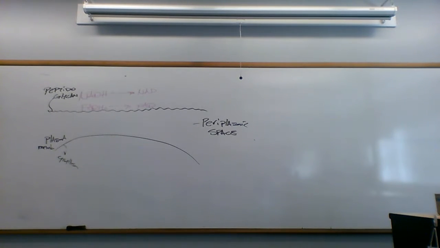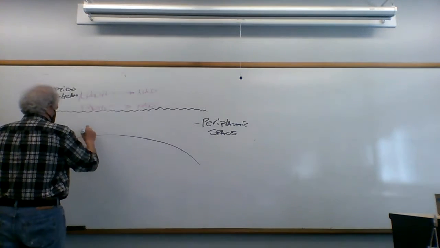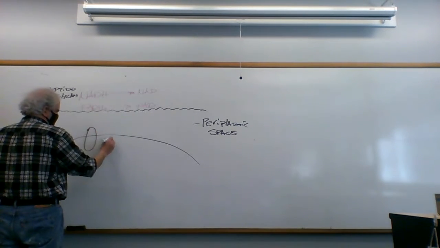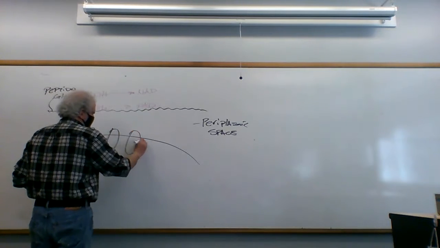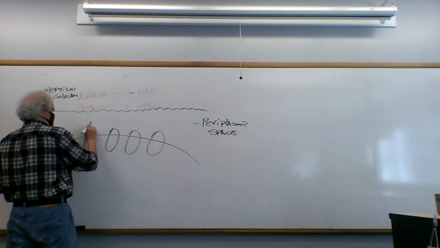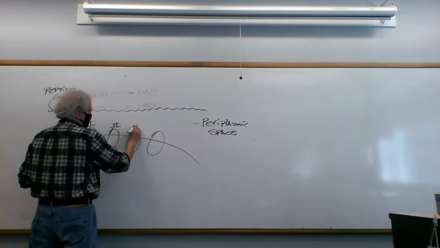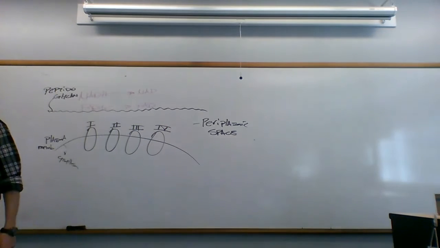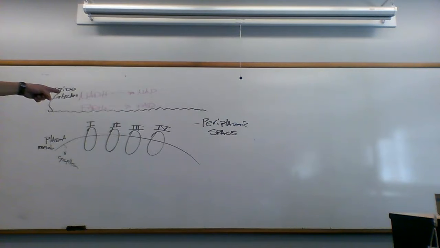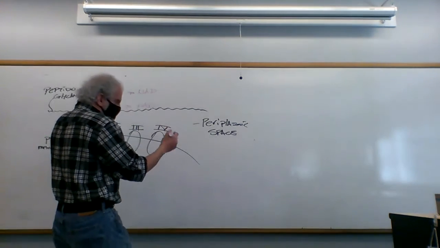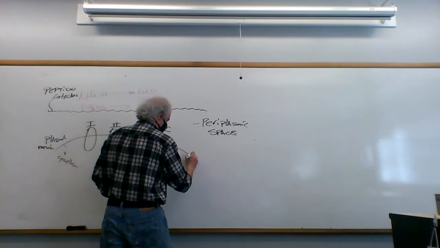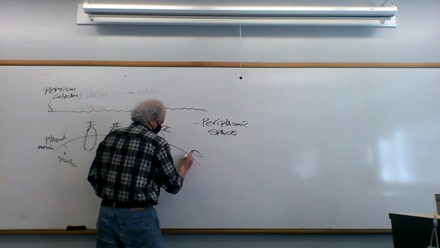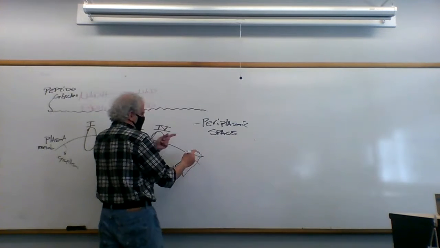And the electron transport chain is situated such that we have complex 1, complex 2, complex 3, complex 4. There are specific names for the complexes, but I don't think we need to worry about it. Different texts will talk about a fifth complex.